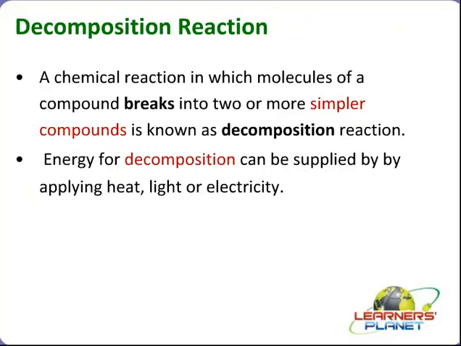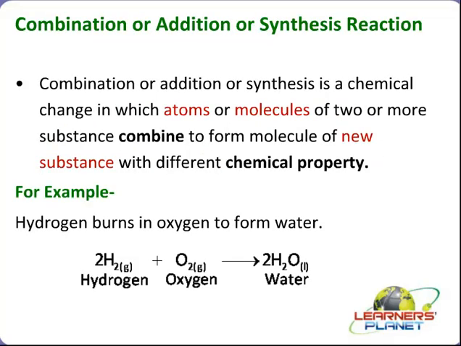We have a second type of reaction, that is decomposition reaction. But before discussing decomposition reaction, I would like to give you one more example of combination reaction, and that is the formation of ammonia.